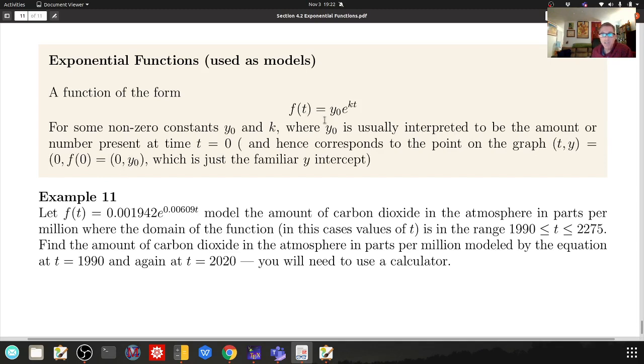Because f of 0 is e to the 0 times t, which is e to the 0, and e to the 0 is 1, so this is y naught, which is a constant. So here we go.